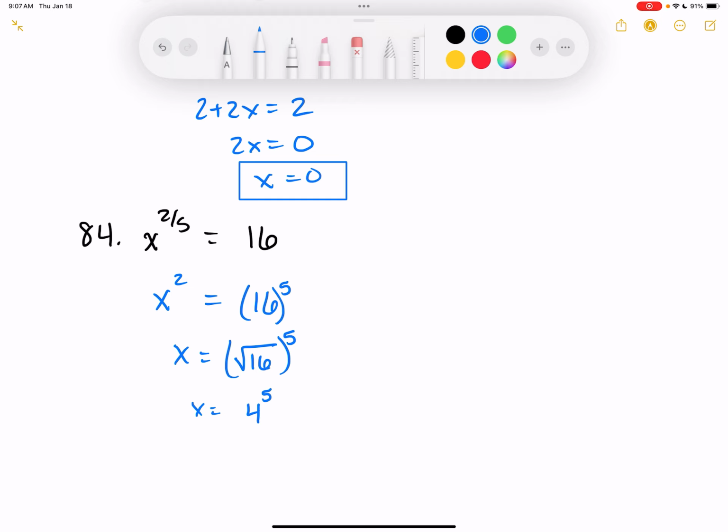Almost. Your third digit is wrong. 1,024. Yes. I was close. You're on the right track.